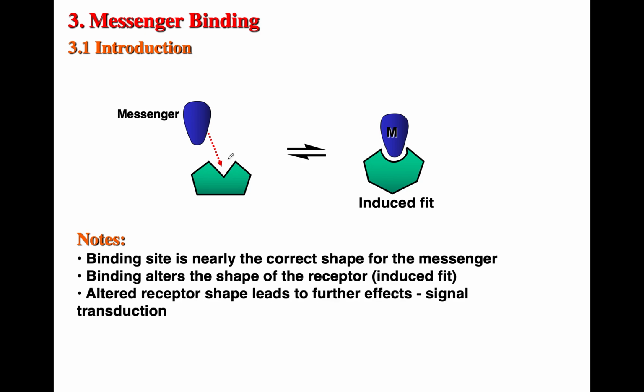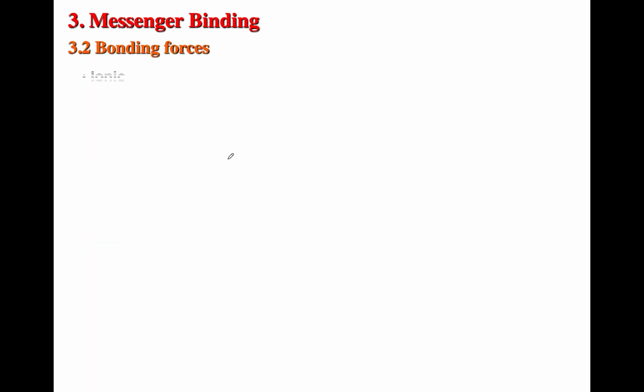As a result of the change in shape, there are other allosteric sites and other active sites that are going to be open to allow the receptor to perform signal transduction.